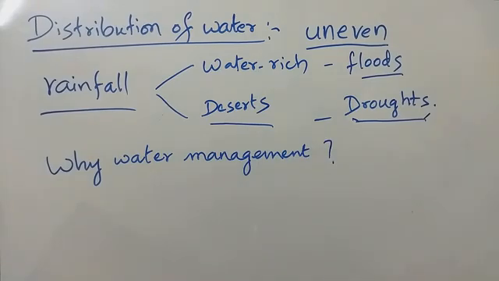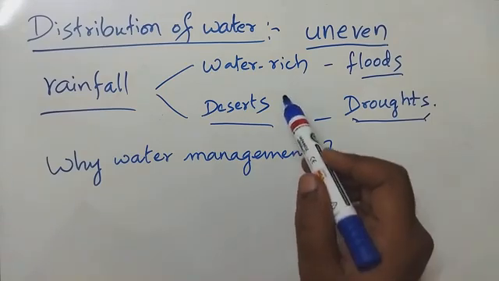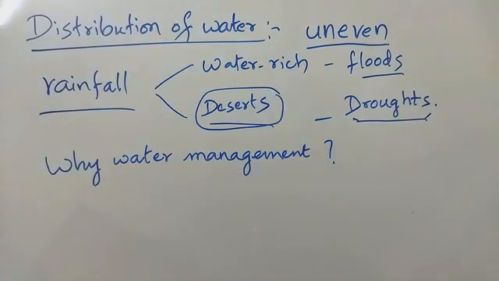Water management has to be carried out in order to save the lives from the effects of floods in water-rich regions, and in order to save the lives from the effects of droughts in dry lands or desert regions. Water management is mainly carried out in the dry land regions or desert regions.